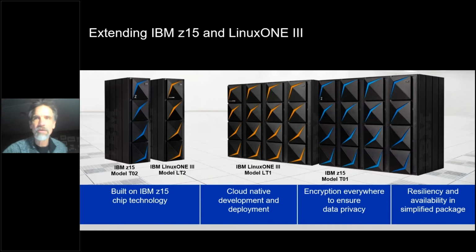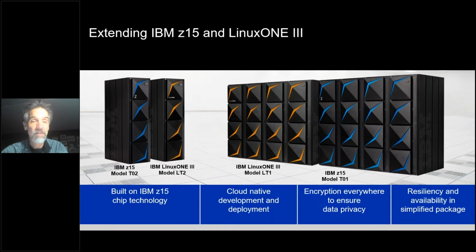They've gotten away from that naming convention, but so you have the single frame T02 and the multi-frame T01. They both have Linux-only options for them, the LT2 and the LT1. So just understand that you have a wide range of options when it comes time to finding the right Z system that might work for you all.